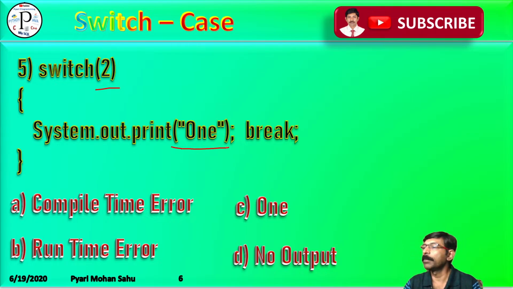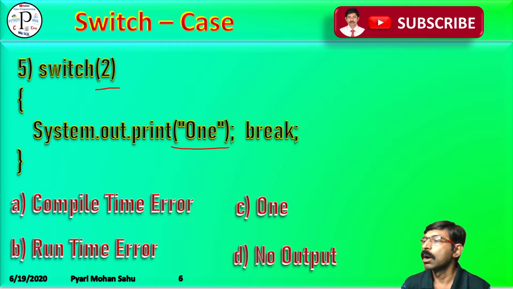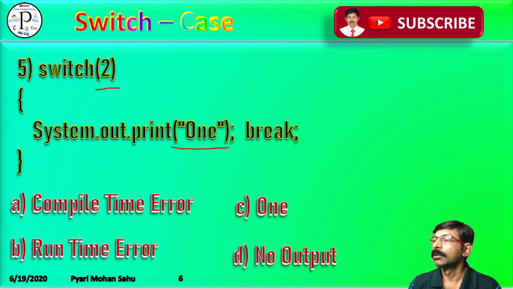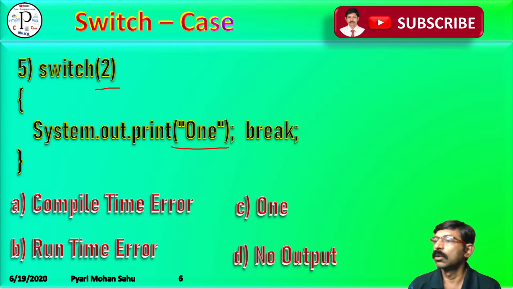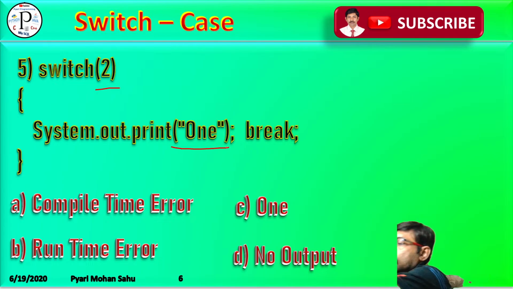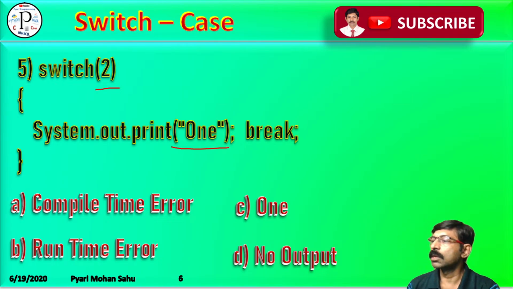5A, compile time error. Now, if it is an error, then you have to specify the reason for the error. 5C, 1 it will display, Arpita, okay. 5C got answer.